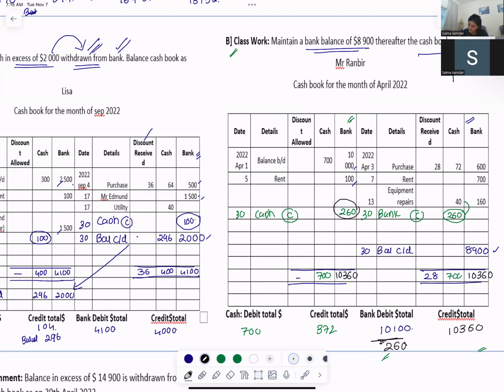Then the balance close down for the cash is 700 minus 372, which is 328. And this will become the balance brought down on the first date of the next month.